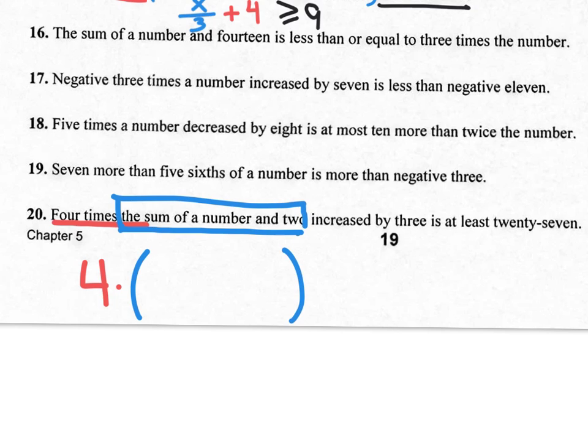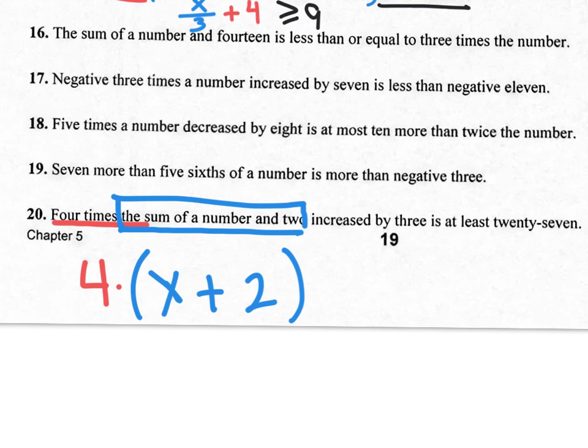And I want to put this in parentheses. The sum of a number and 2. What's a number and 2? X plus 2. That's the sum of a number and 2. X plus 2. So once again, 4 times, it's right here. The sum is right here. A number and 2 is right there.